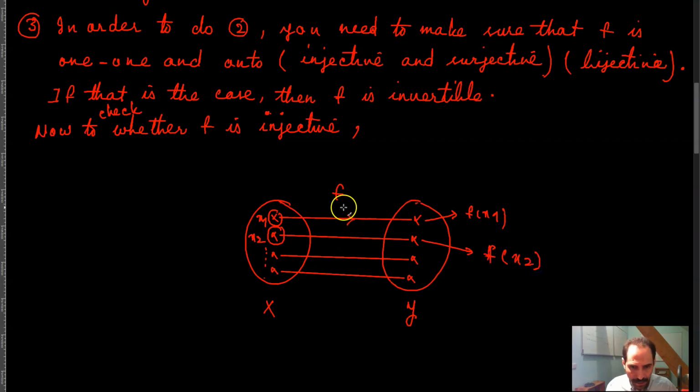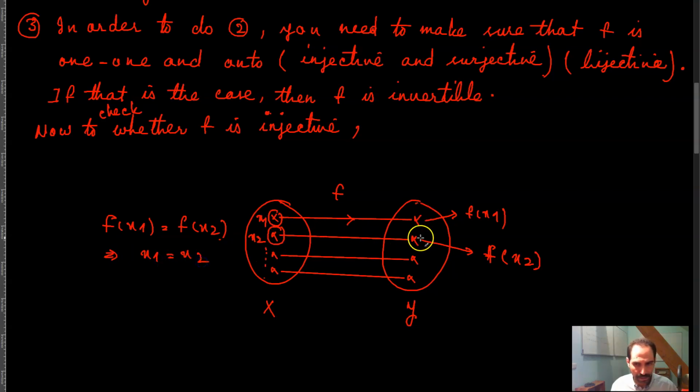Now, if f of x1 is equal to f of x2, meaning that two images happen to be the same, meaning that there are two images in this set that are the same, then what that implies is that x1 is equal to x2.